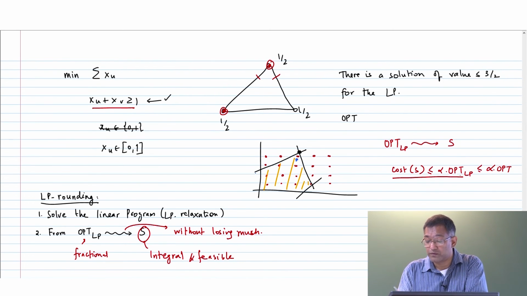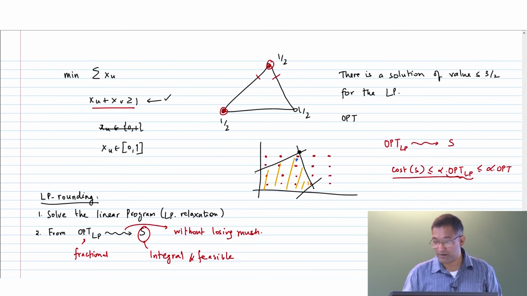We want to prove that the integer solution that you obtain from the linear program is at most alpha times the optimal solution to the linear program. Optimal solution to the linear programming with the integrality function. No, no, no. Let me do it by example. Okay, it will become clear.